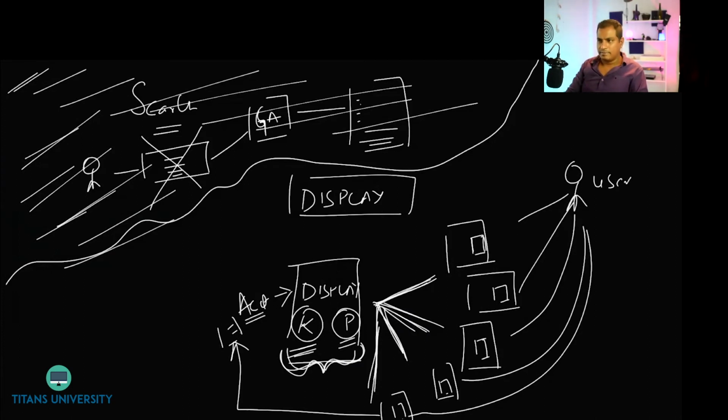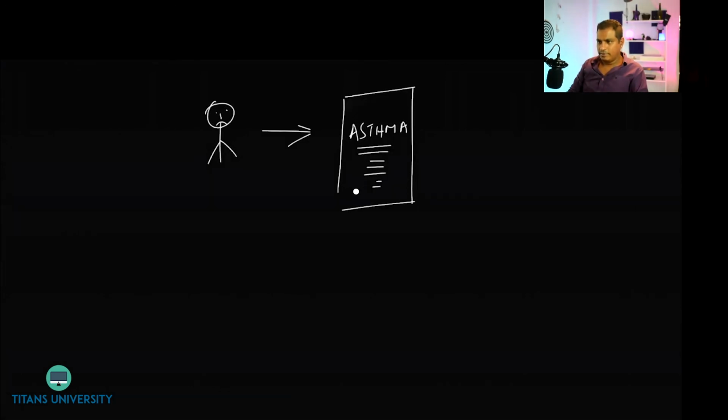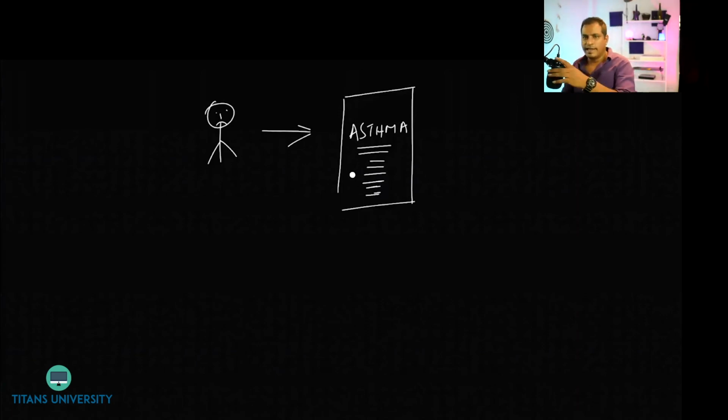Let's take an example. Say there is a user who is not feeling well and he's researching something related to, let's say, asthma, right? So he's going through a website, reading about all the precautions that he should take when an asthma attack hits you.